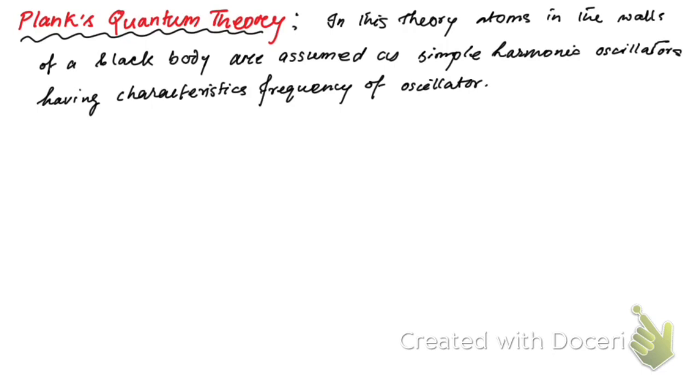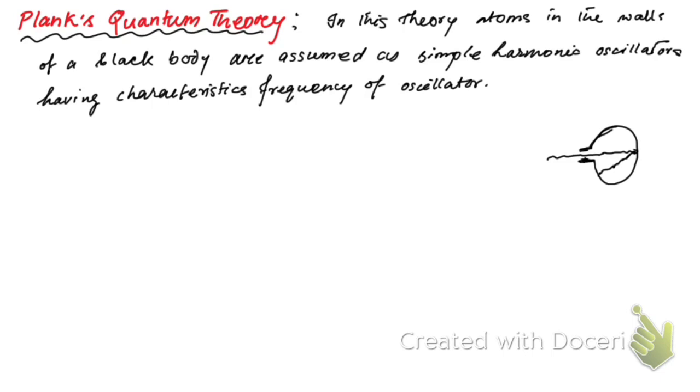Suppose we have a black body. Hope you know what a black body is. Here we have a small hole, and a black body can absorb the light of all wavelengths.